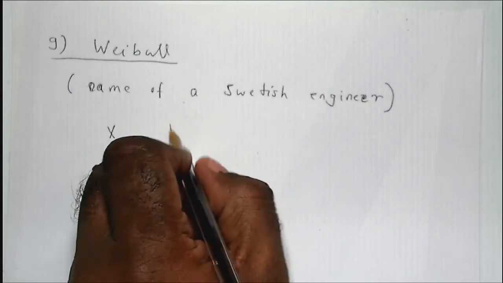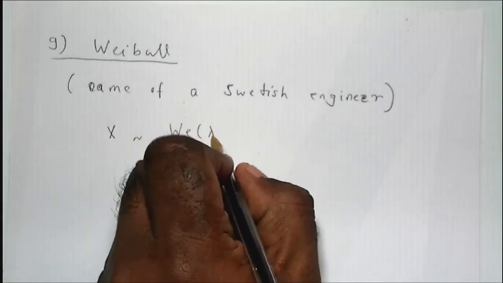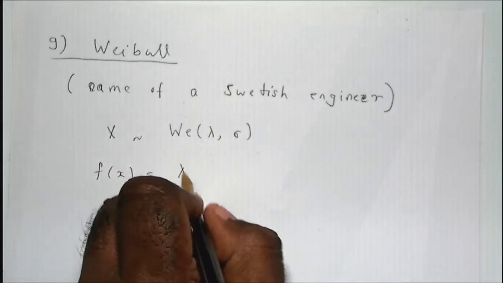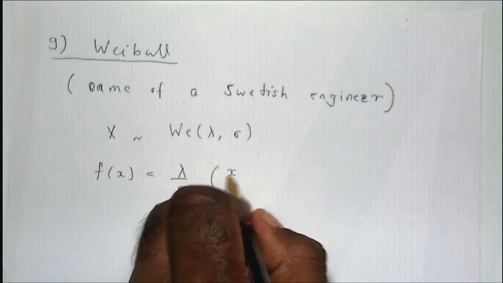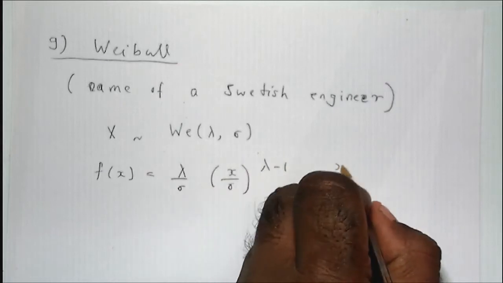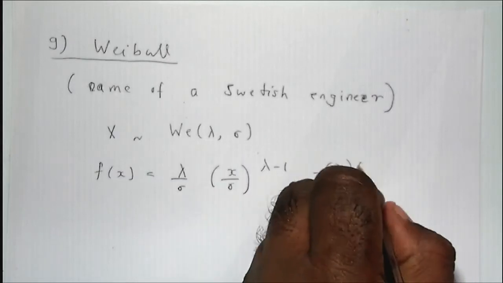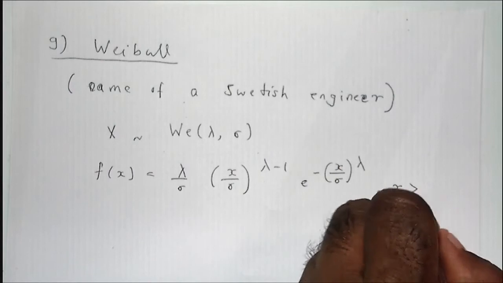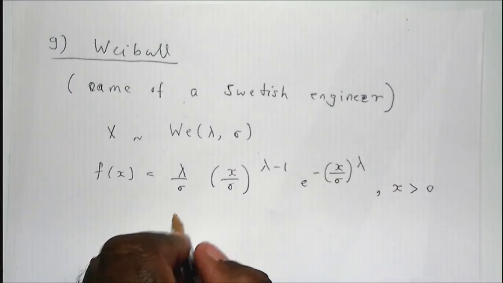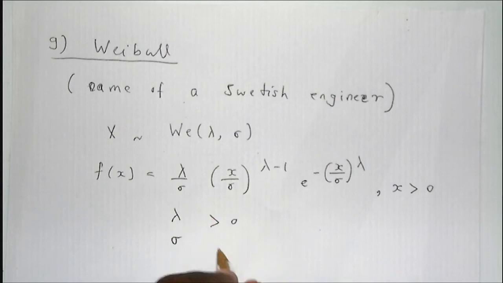The notation I will use is this. This is the PDF of the Weibull distribution. There are two parameters, lambda and sigma, both positive.